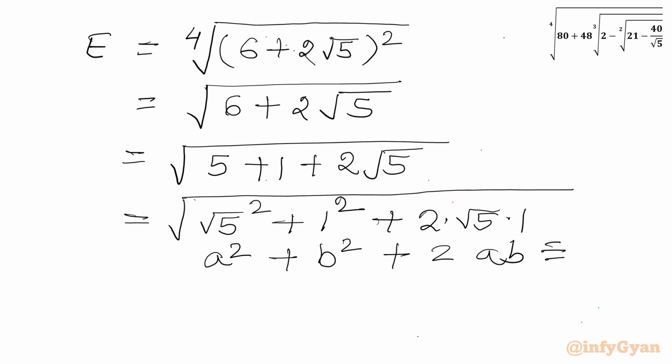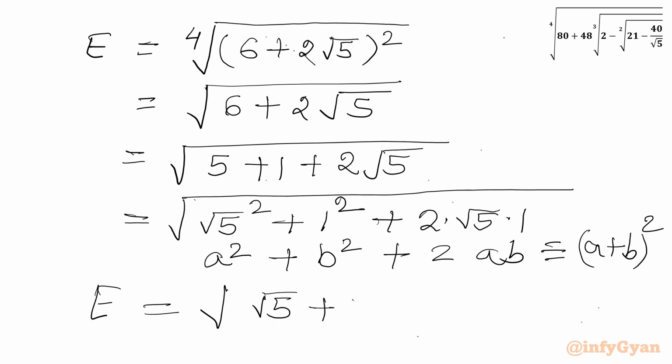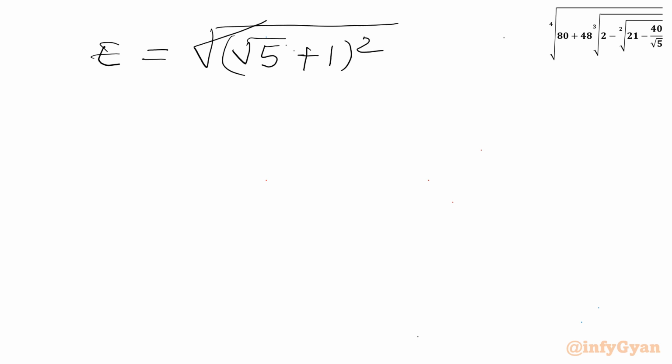So in this place we can write (a plus b) whole square. So expression E will become the square root of (root 5 plus 1) whole square. Now we can cancel the square root with the square. Our answer will be there: root 5 plus 1.